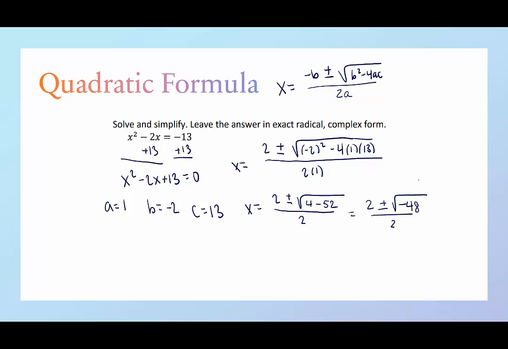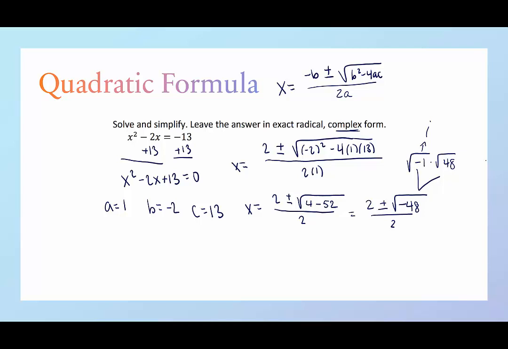And now I'm just going to pull out the minus 48. First, I'm going to think about it as minus 1 times the square root of 48. And then I know, since it does say complex numbers, we're going to keep going with this. The square root of negative 1 becomes an i. The square root of 48, I'm looking for the largest perfect square factor because 48 itself is not a perfect square. It does have a factor, this one's kind of a kicker, it's 16.